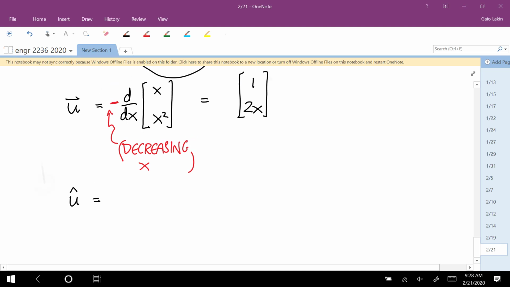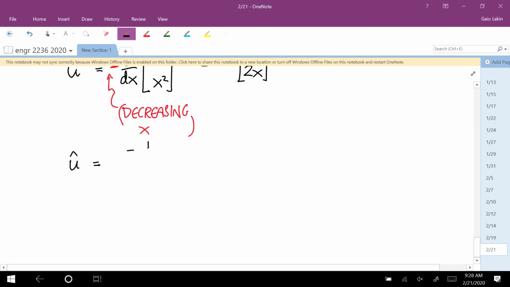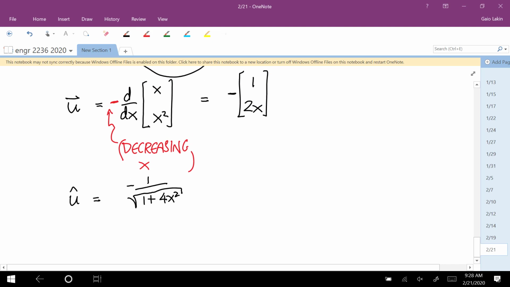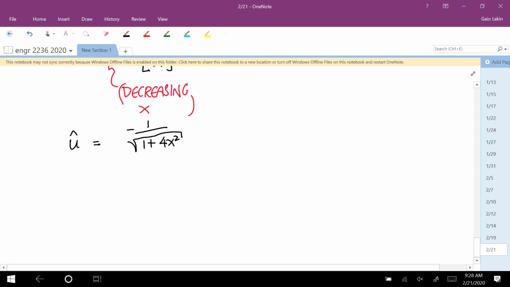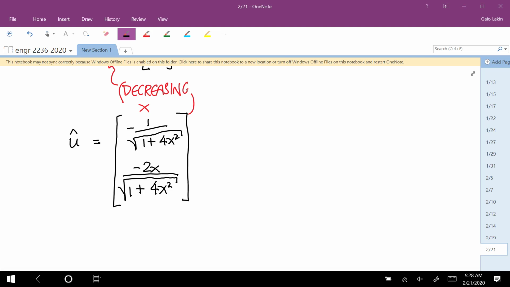I still have this negative here, so we get negative 1 over the square root of 1 plus 4x squared, and the y component is negative 2x over that same square root. So that's a unit vector tangent to the path in the direction of decreasing x.